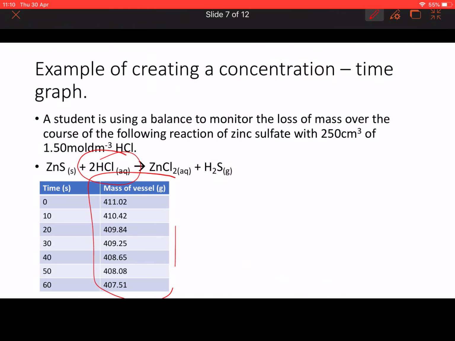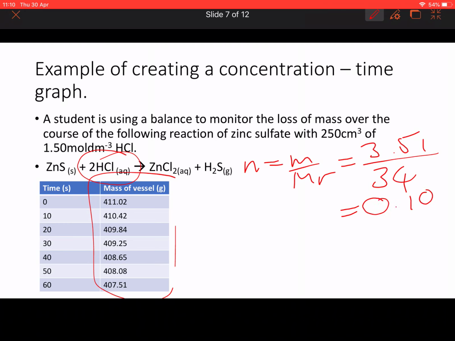So if we take our, let's say our 3.51, we're going to do n equals m over Mr, and our mass was 3.51, and we're dividing that by the Mr of hydrogen sulfide, which would be 34, so we're going to get approximately 0.10 with some extra decimals.